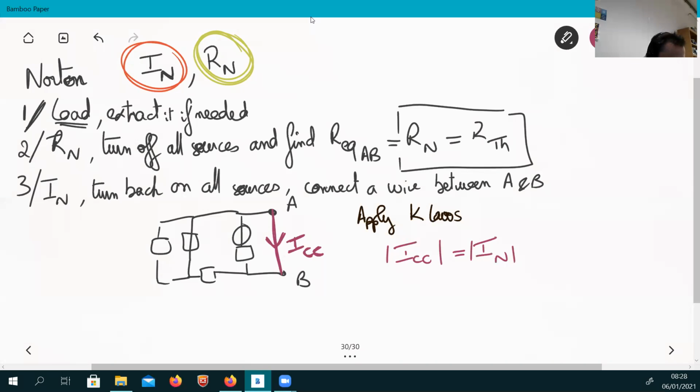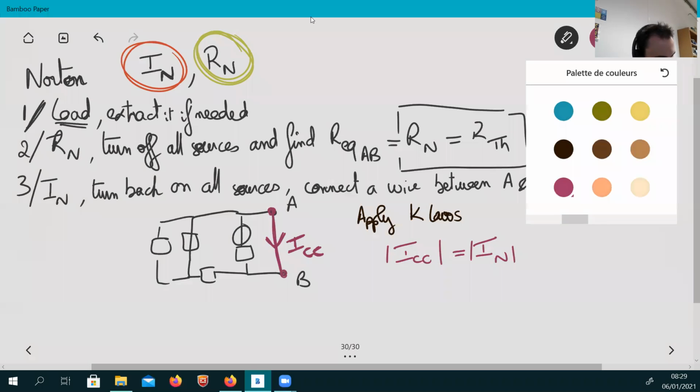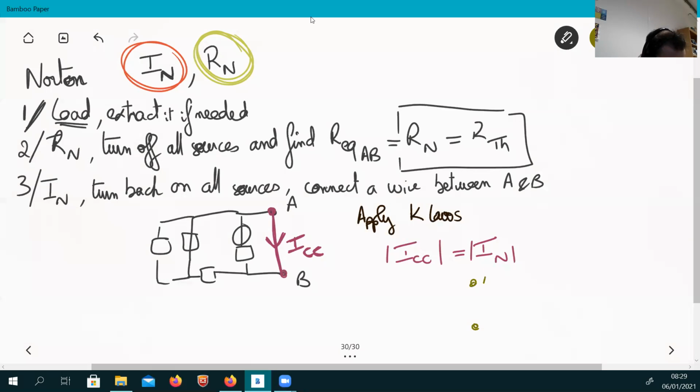The single difference is that the direction of ICC is opposite to the final direction of IN, which means that if you're looking for an ICC which goes from A to B, once you solve your computation, gain the value of ICC and so the value of IN, then you go back to your final model.